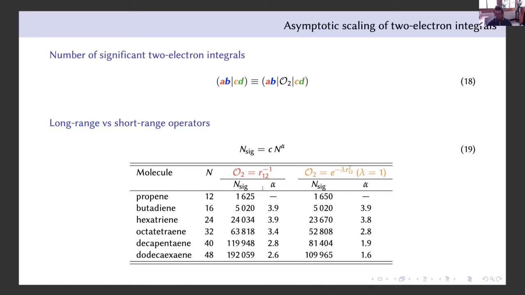If I take polyene molecules, from propene and butadiene up to dodecahexaene, which is large, with, I think, the 6-31G basis set, and I increase the number of carbon atoms in my chain, I look at the number of significant two-electron integrals. What I mean by significant is the number of integrals that are greater than a given threshold, usually taken to be 10 to the minus 15 or so.